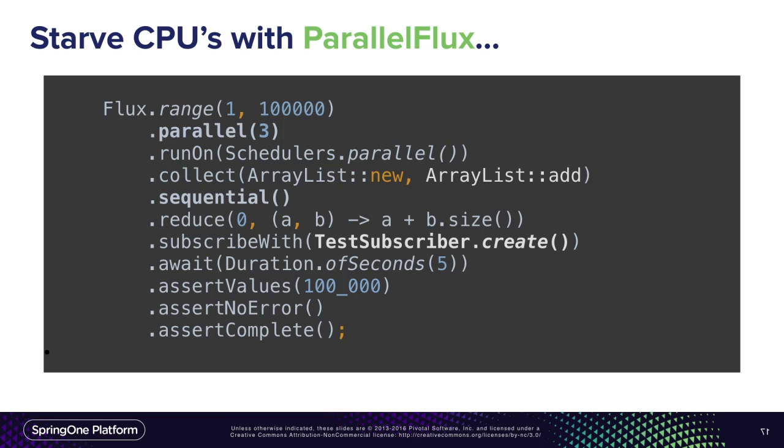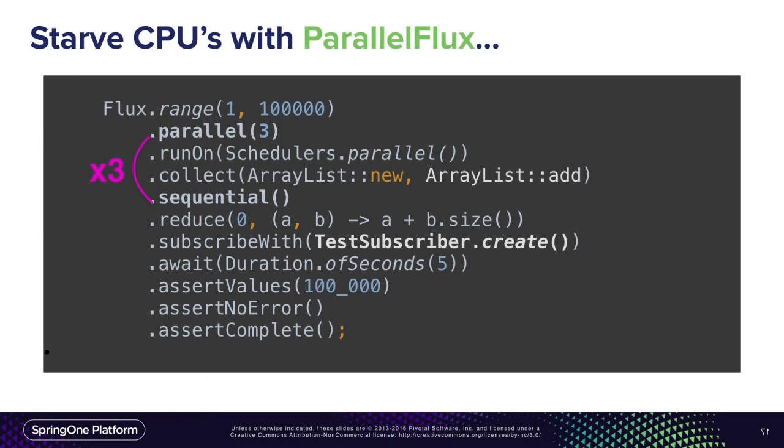Another great thing unique to Reactor Core, especially Reactor 3 since it's new, is an operation called parallel. It's an extra type I didn't mention alongside Flux and Mono: ParallelFlux. You can get it from a Flux using the parallel instance method.